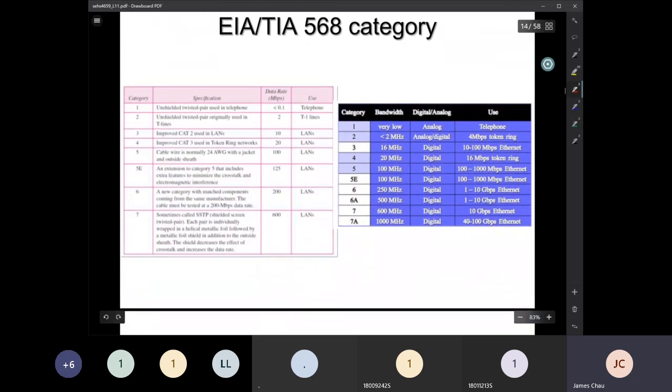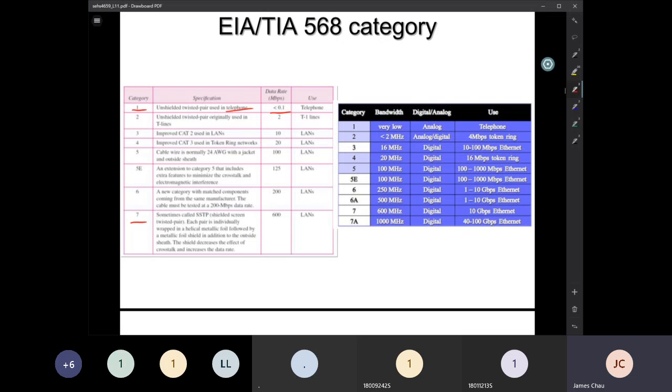Now here we have two tables to show you the cable categories. As I told you, up to now we have Cat 1 up to Cat 7. And you can see that Cat 1 is used in telephone line. Okay, and the data rate is very slow, only 0.1 megabit per second.